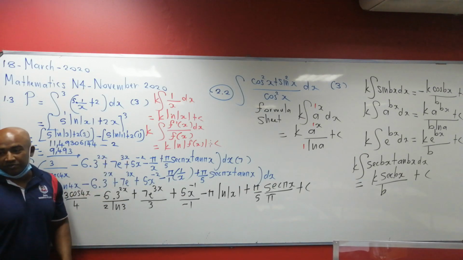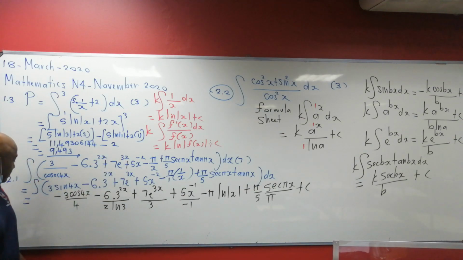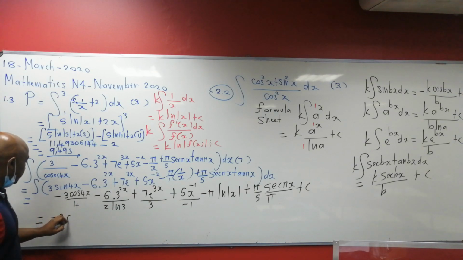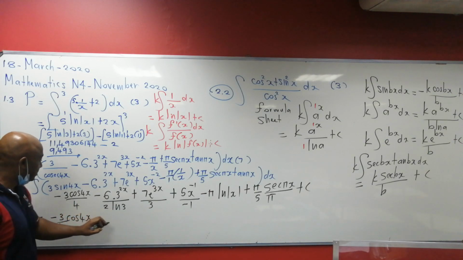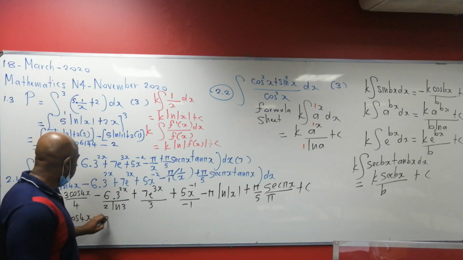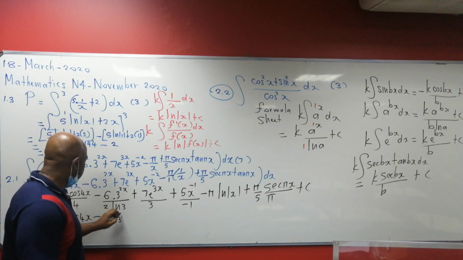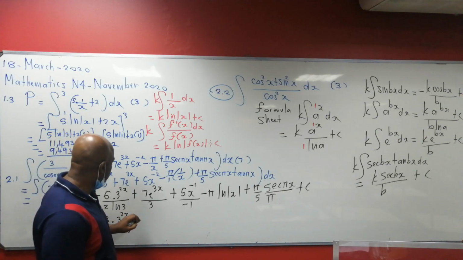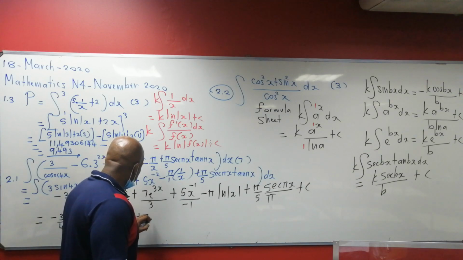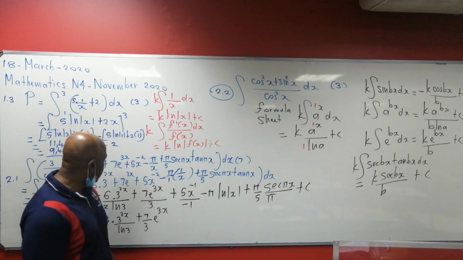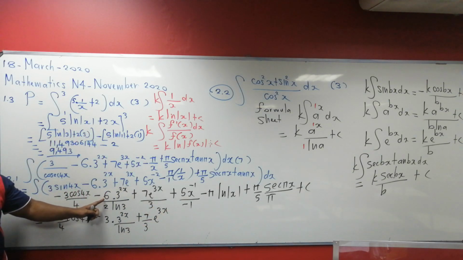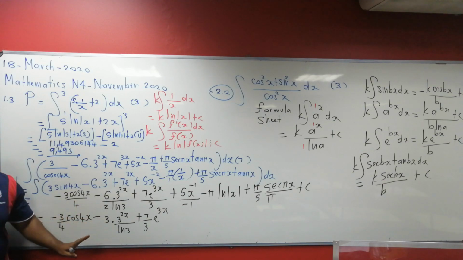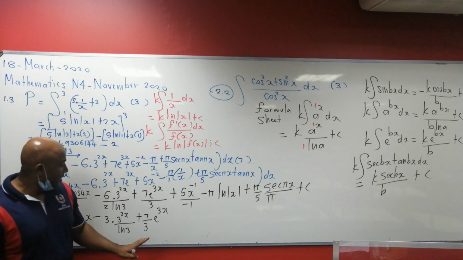So the main thing is you know the formula. So that's minus 3 over 4. Let me just simplify this here, but the main job is done. What I'm doing is just simplifying. Here 6 divided by 2, I wrote it as 3. I'm not going to go any further, it's a waste of time.